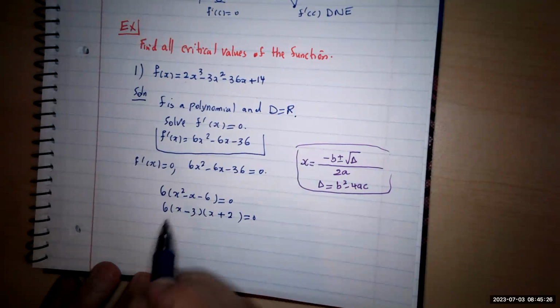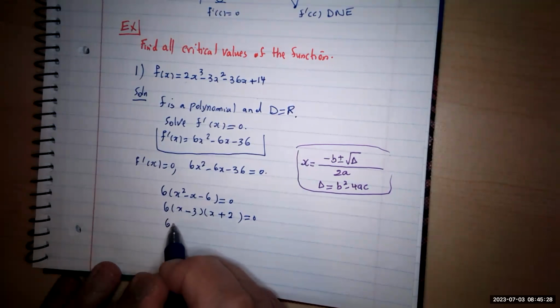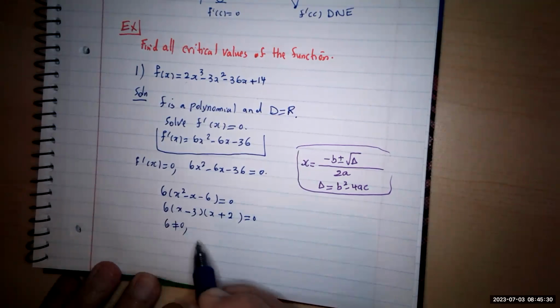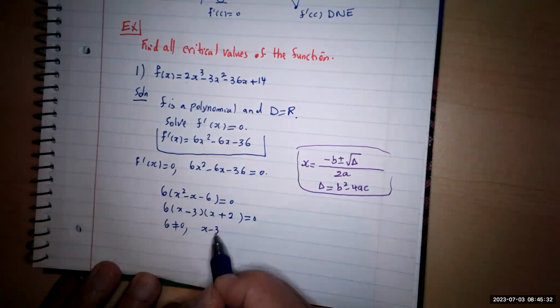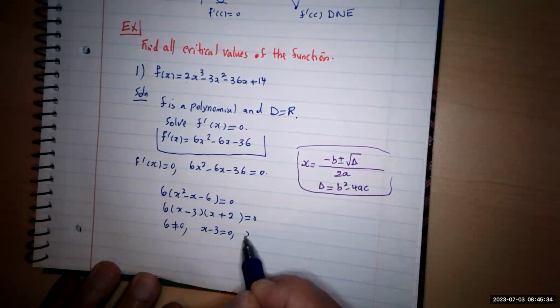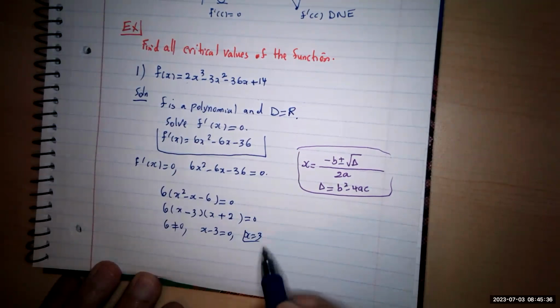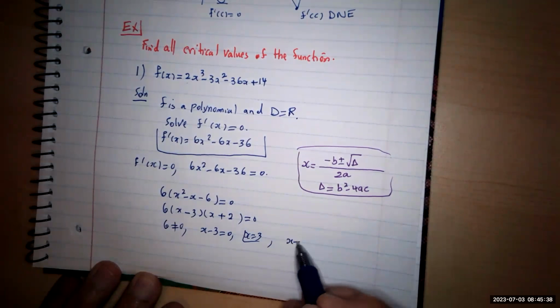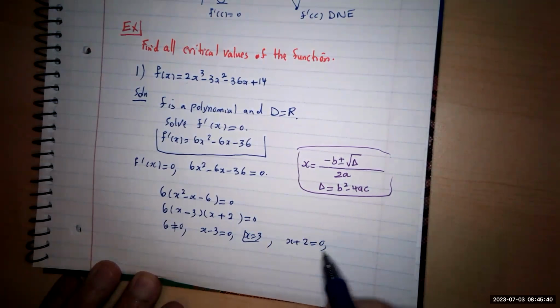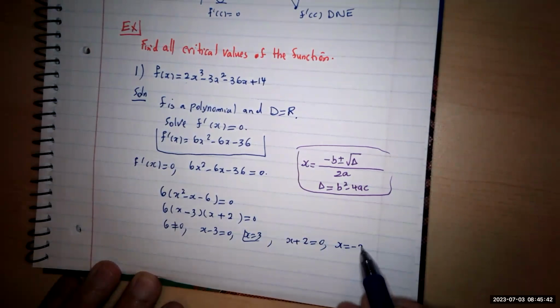Factors equal to 0. 6 is never 0. Some of you missed it on the test. 6 is never 0. So x minus 3 equal to 0 gives you x equal to 3, one solution. x plus 2 equal to 0 gives you x equal to negative 2.